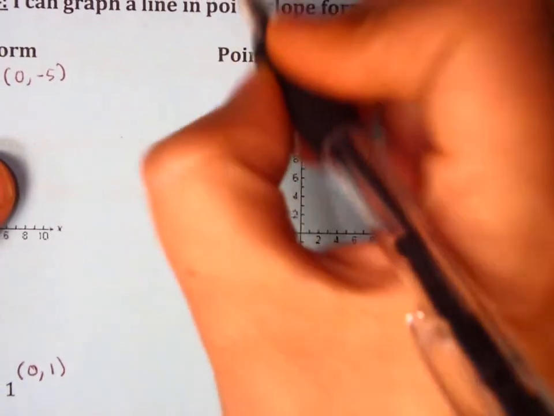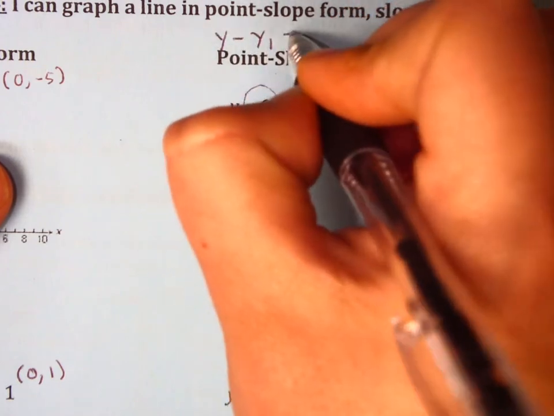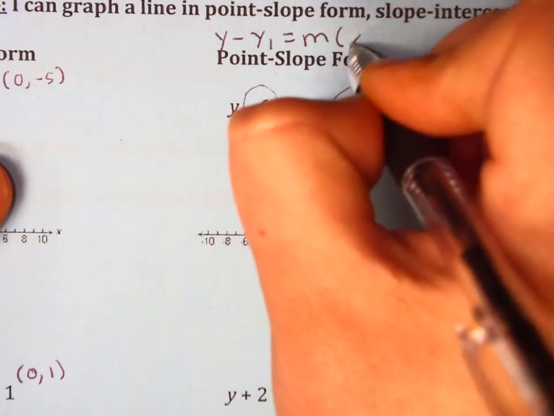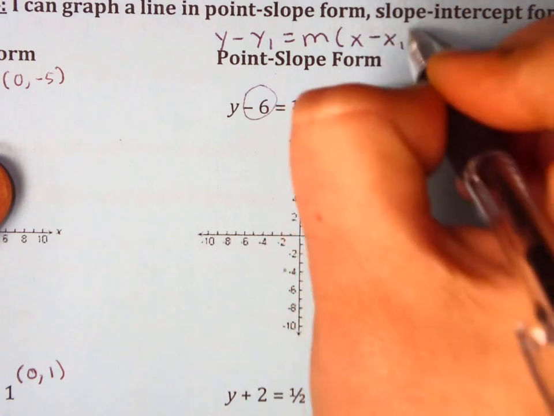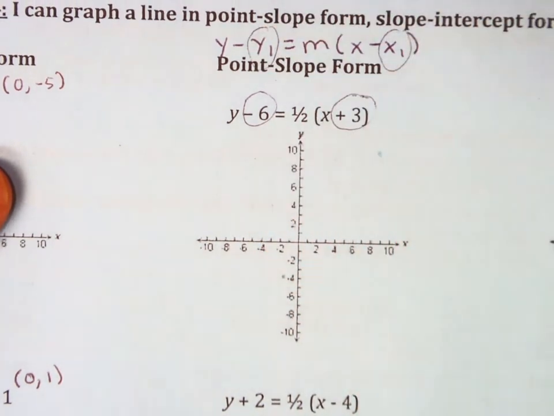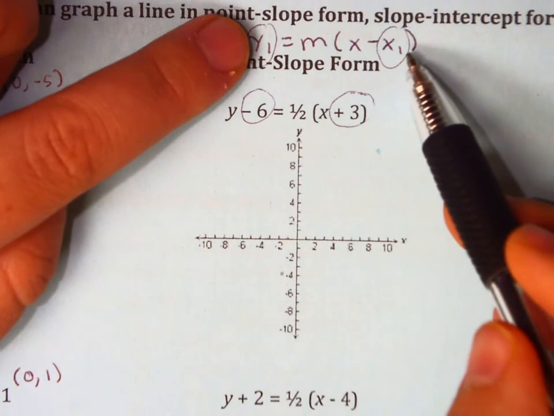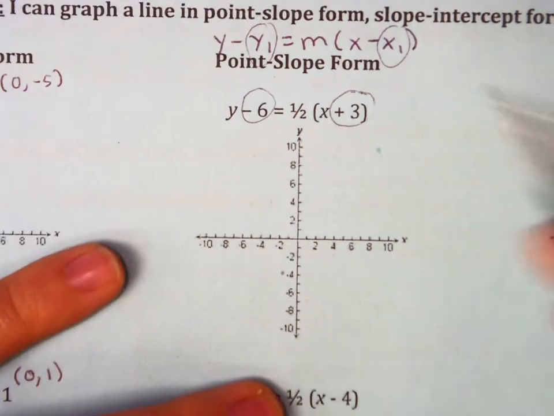So remember that point-slope form is y minus y1 equals the slope times x minus x1. This y1 and this x1 are your x and y coordinates where you are going to start, because that point is a point on this line.